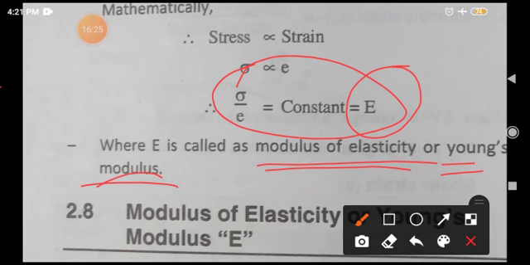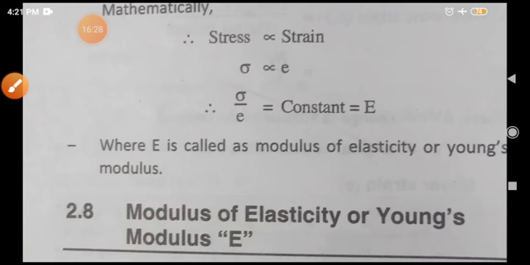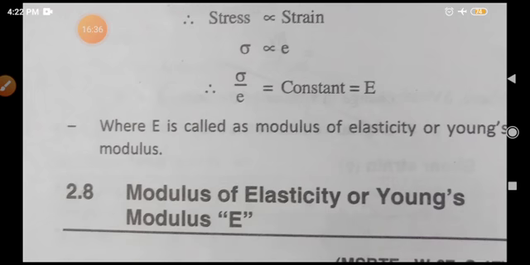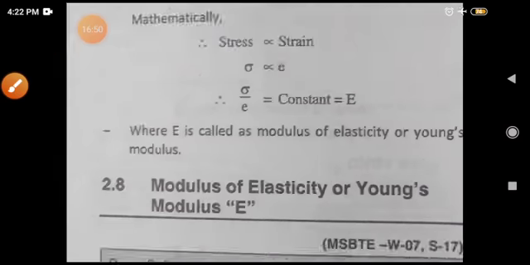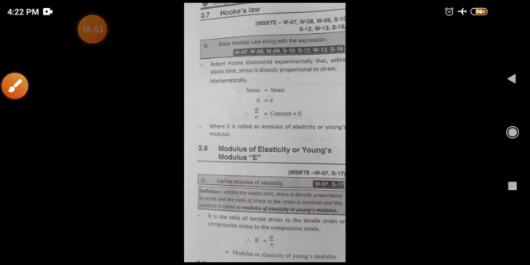So capital E, Young's modulus or modulus of elasticity, is equal to sigma upon E. Keep in mind this term, because this will work everywhere, and this formula is used in every problem. Therefore you have to keep it in mind clearly.